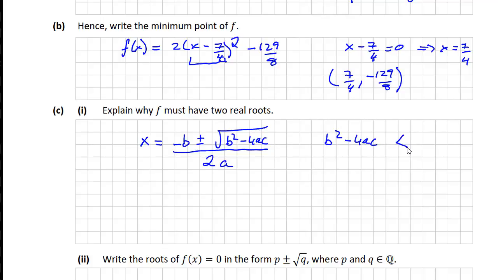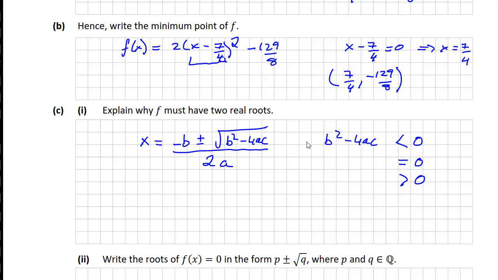If this is less than 0, then we have the square root of a negative number, so this is imaginary. If it's imaginary, it has no real roots. If it's equal to 0, then this term vanishes, and we're just left with minus b over 2a, so it only has one root, which is repeated twice. And if it's greater than 0, then this term will be positive, so we will have two different real roots.